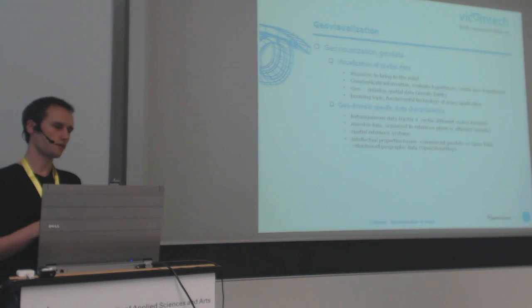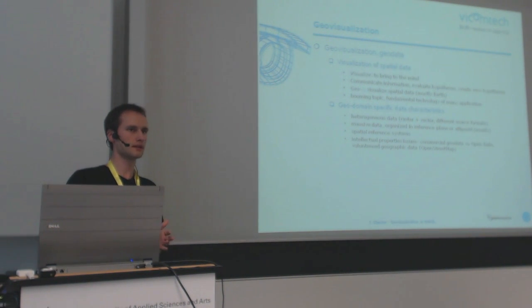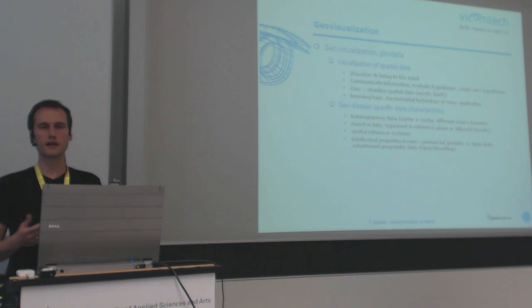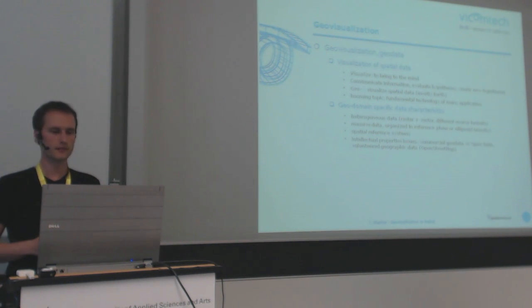In the graphics card, everything is triangles and raster data, so textures. But to get there, we have to support lots of different file formats. Especially in the geo domain, there are several players which develop their own formats, and to come up with a geovisualization system, you have to support all these different kinds of input data.